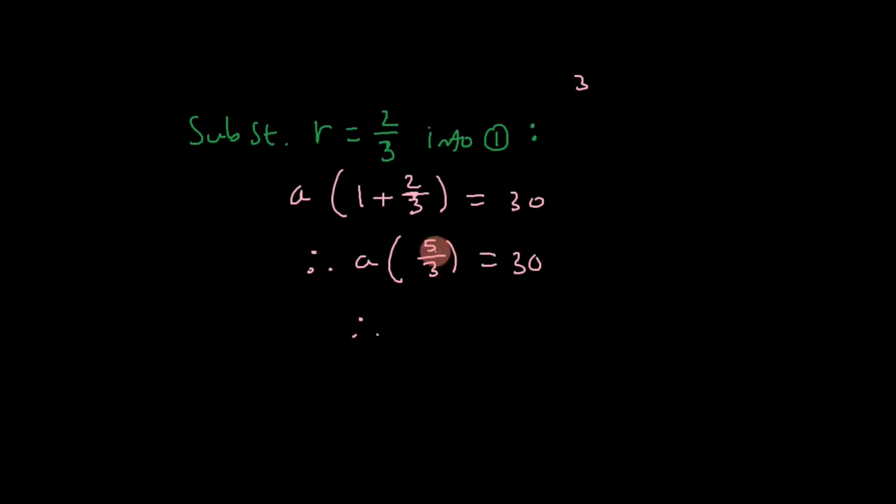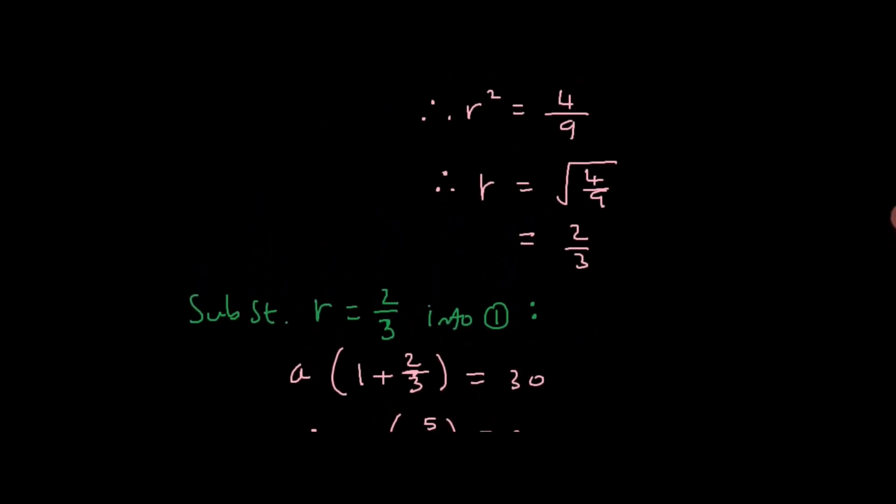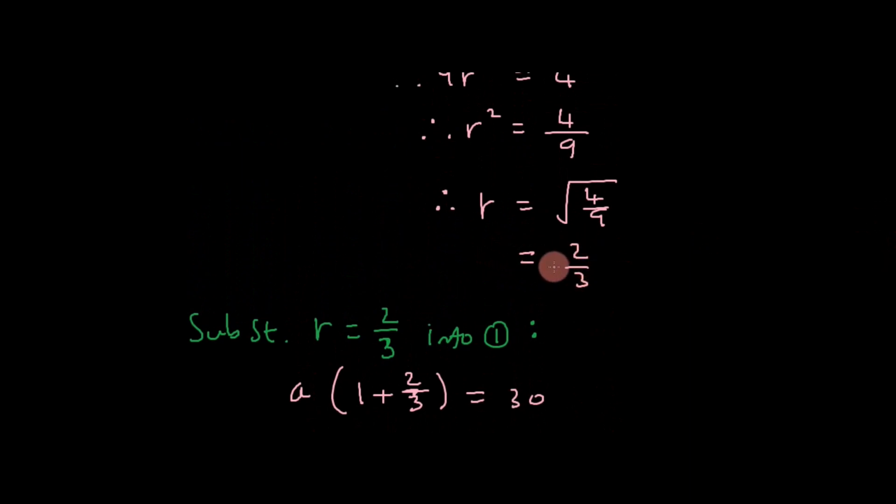And we can divide the 5 over 3 into 30. It's going to be the same as 30 times the inverse. And this is 18. So the first term is 18, and the positive common ratio is 2/3.